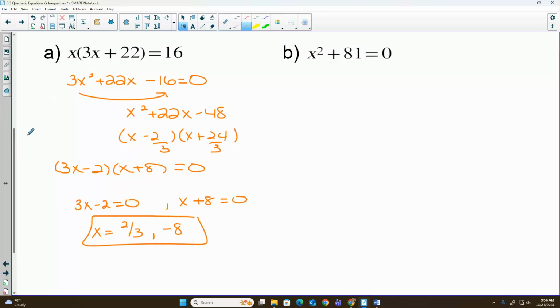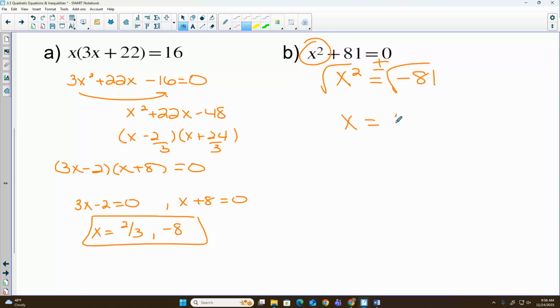And the last one. What could I do to solve this? There are different options, but maybe the easiest one, we only have x in one spot. We could get it by itself. If I bring over the 81, square root, if you add a square root, you have plus and minus.